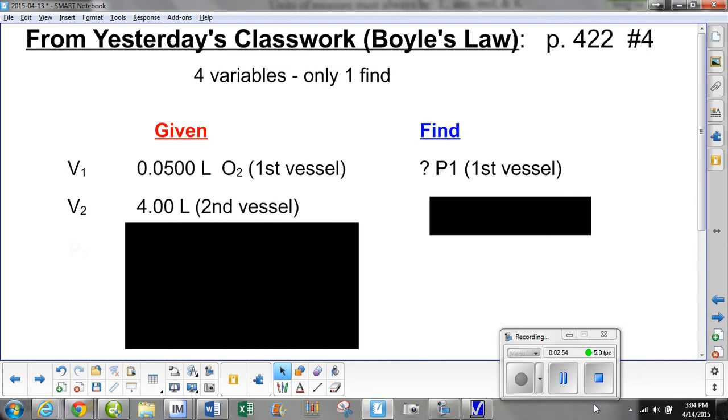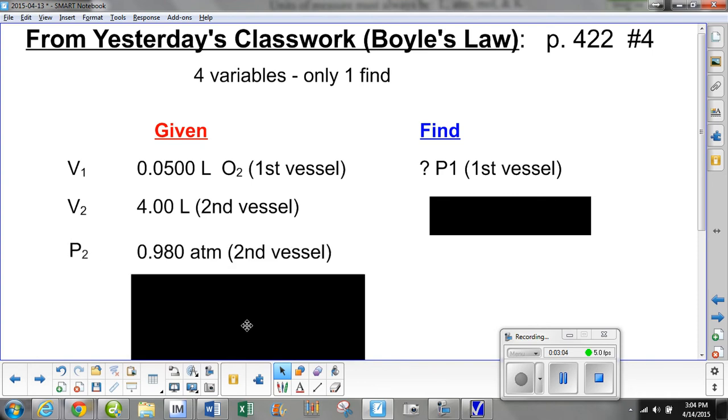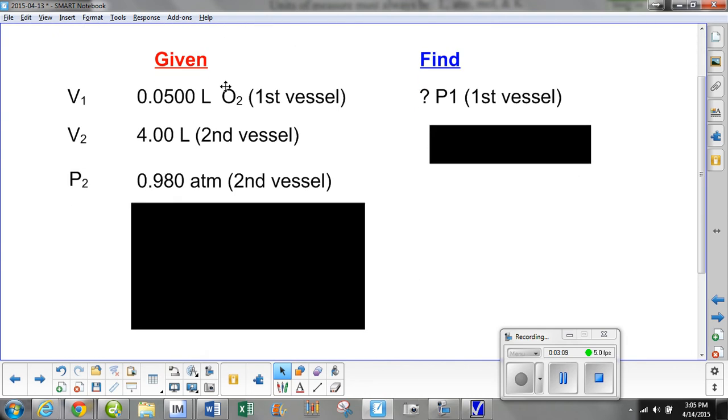Reaction vessel in which the pressure is 0.980. There's our P2. See? And now all we have to do is plug this in. We're going to check it, make sure that V1 and V2 are in the same units of measure, and P2 and P1.